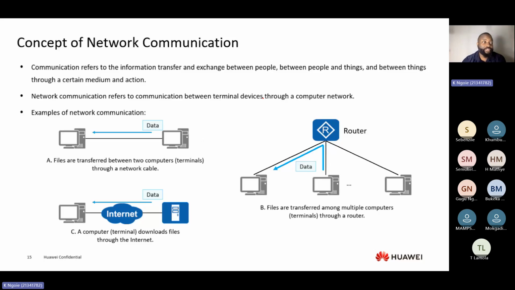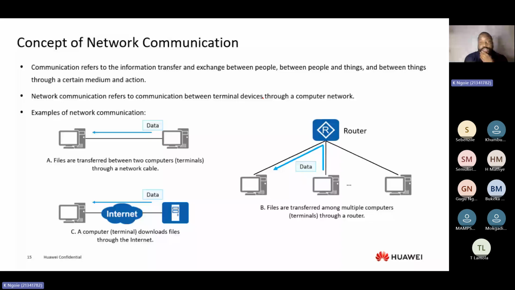And then you can have a network through a router, which means in this case we don't have a cable connecting these computers like in the first case, but we have a router or a switch, which means that multiple computers will form a network.